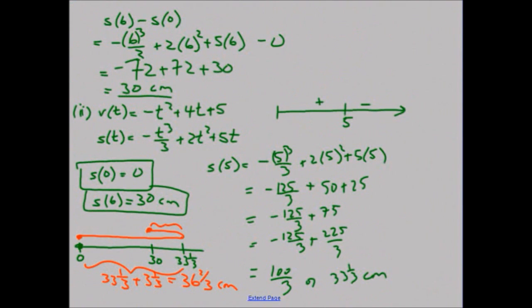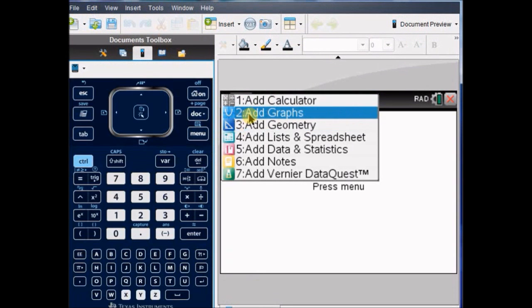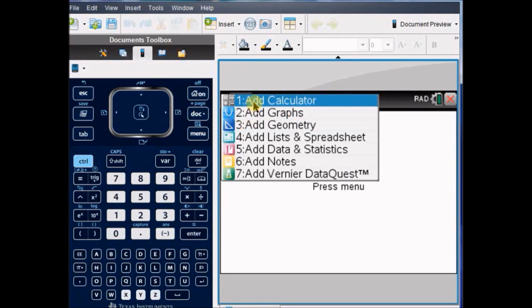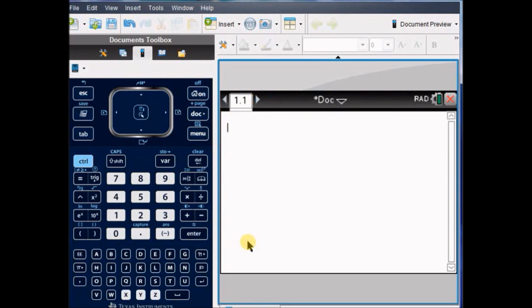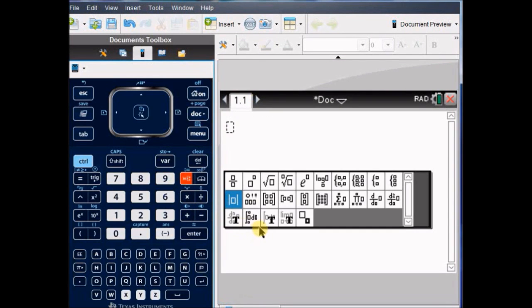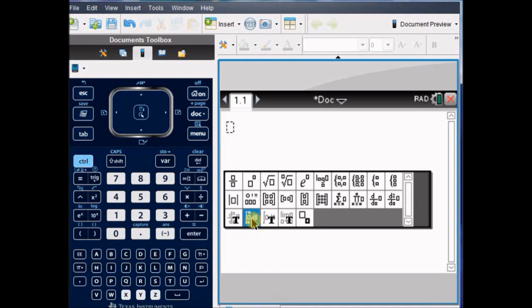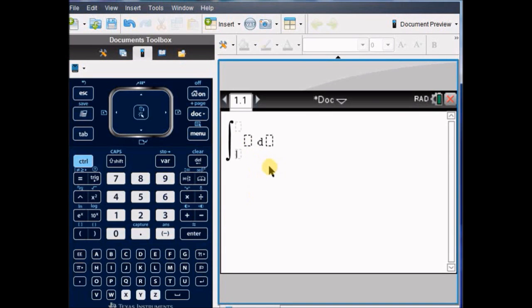Okay, just as a reminder, let's look at this on the graphing calculator. We can check the total distance traveled by using our calculator, this integral sign. And we're going from 0 to 6.